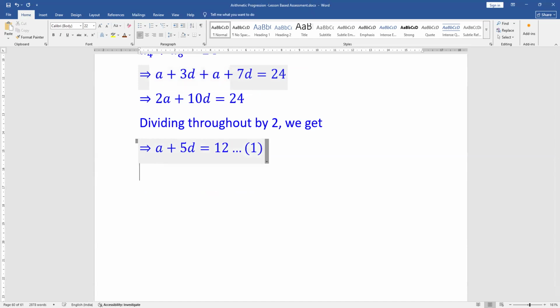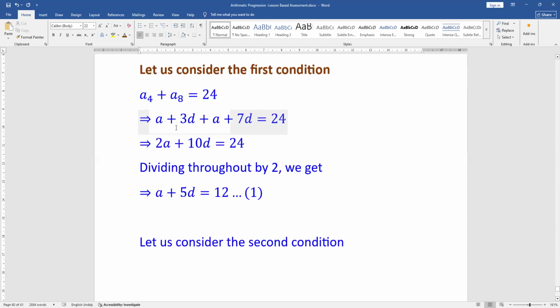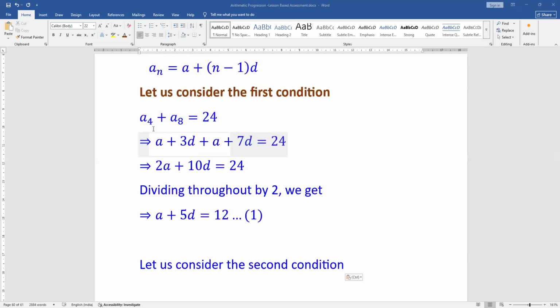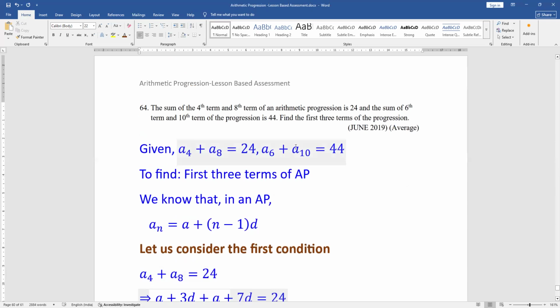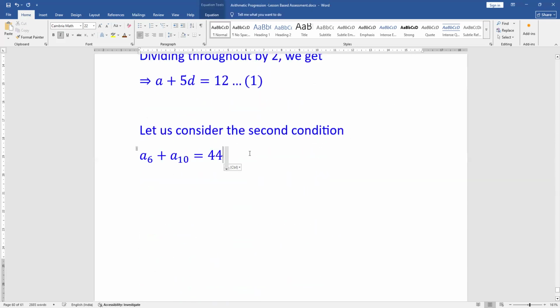Now I'm going to consider the second condition. So let us consider the second condition. What is given? Let's take A6 plus A10, which is in the condition. So write it down.